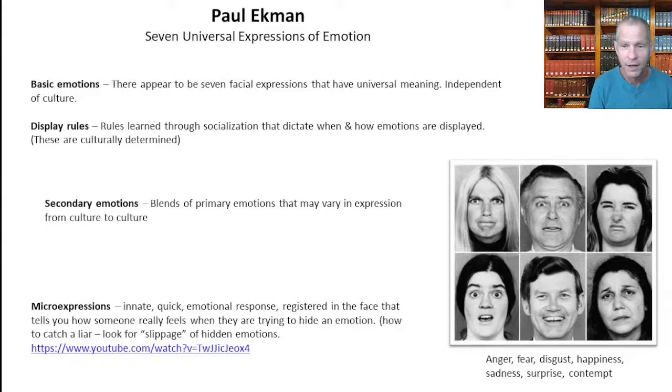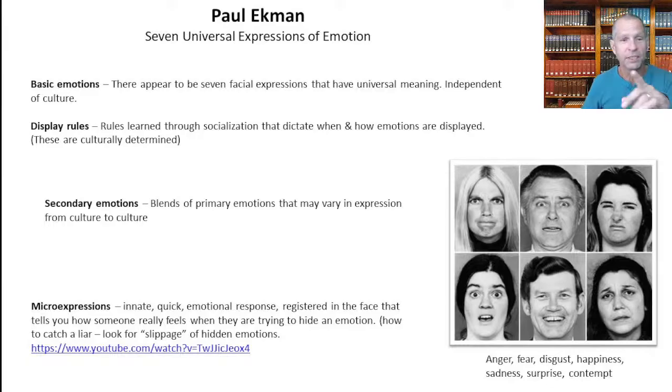And you'll notice the lady right here, she's got the downturned lips, but the eyes are not knitted, so she's not angry. Her eyebrows are up, so she's sad. The only one you don't see here is contempt, which is typically when you smile halfway and you put on sort of a half smile and a half frown, and that's contempt.